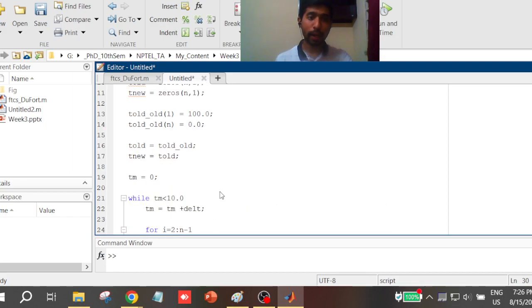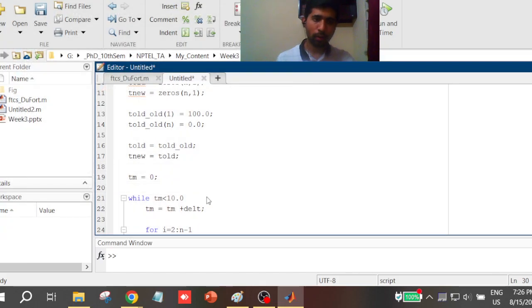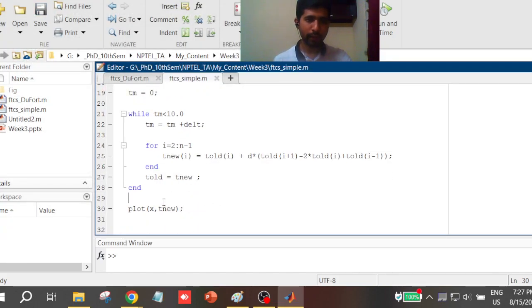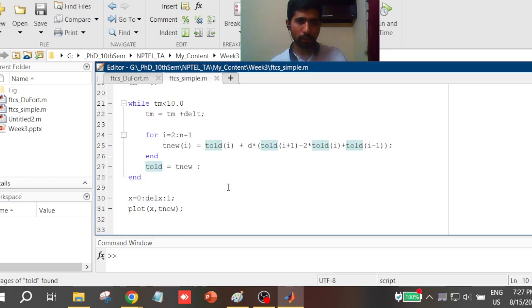And I need to define x also, sorry. FTCS simple. I need to define what x is also. x is equal to what? 0 to 1 with the spacing of del x, just an array of that. I don't know why this is throwing this error. Anyway, let me see.